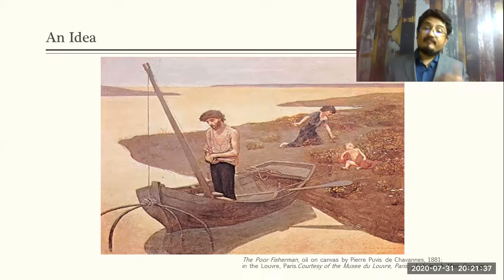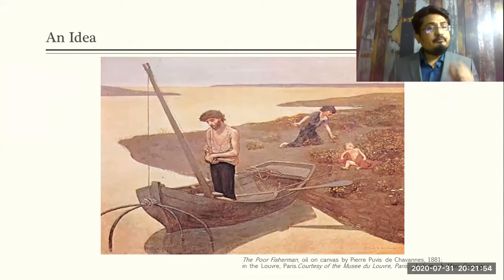Maybe he's facing some financial problems. And due to the connection of each and everything which I said, I can easily say that this picture is representing a poor fisherman and his family.